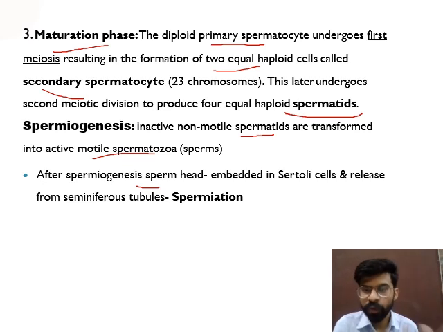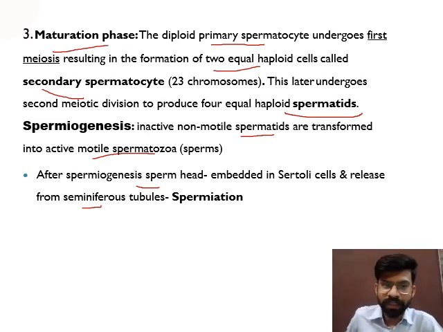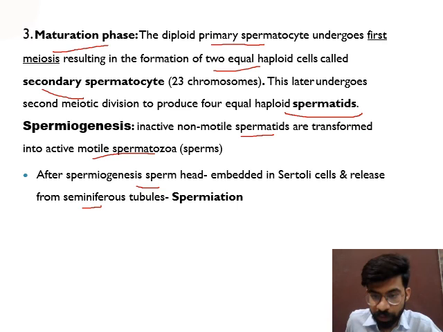The sperm will move out from the seminiferous tubule. All the events described earlier take place in the seminiferous tubule. And when the sperm gets fully matured, the sperm will move out through seminiferous tubule. This is known as spermiation.